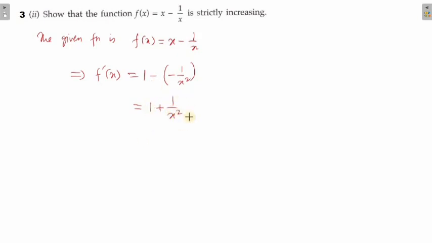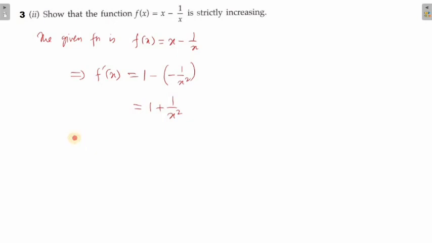Now put any value for x, you will get that this entire thing is always greater than 0, and the value cannot be 0, because whatever value you put, you cannot have this to be minus 1. See, if this is minus 1, then only you get 1 minus 1 to be 0, right? So you cannot get this entire thing to be minus 1.